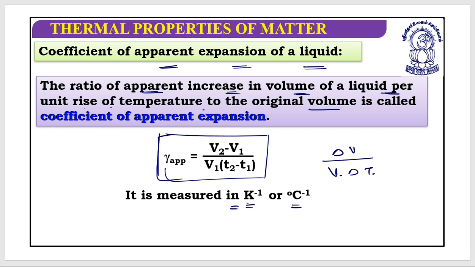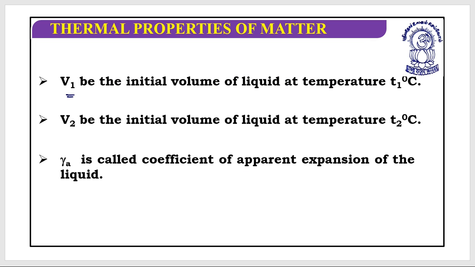So when I write this, it is V2 minus V1 divided by V1 into bracket T2 minus T1, where V1 is the initial volume of the liquid at temperature T1 degree Celsius, while V2 is the volume of the liquid at temperature T2 degree Celsius, and gamma apparent is known as the coefficient of apparent expansion of the liquid.